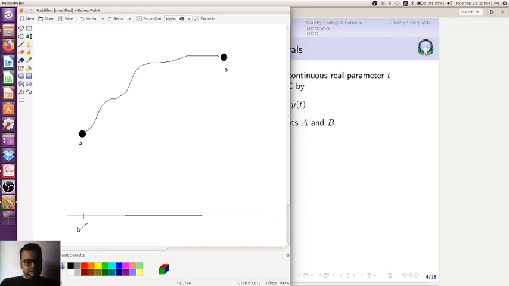So here we have alpha, and then we have the upper limit, and this is our beta. And this axis that we have here is the axis t, the real number t.